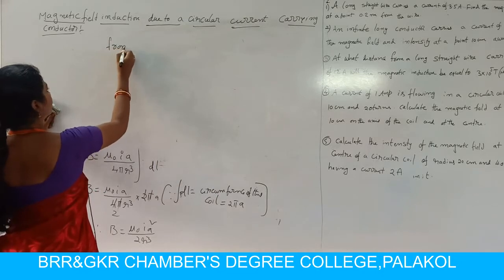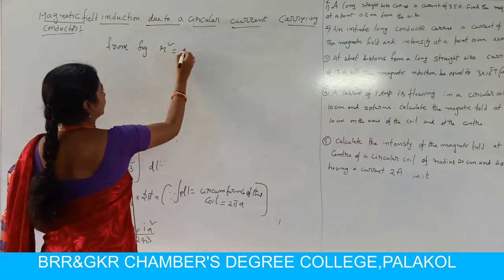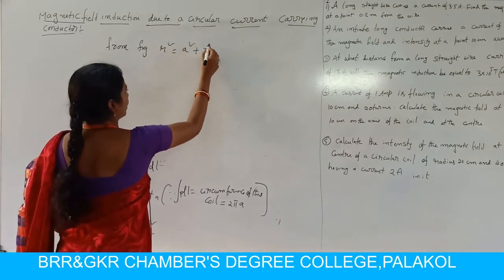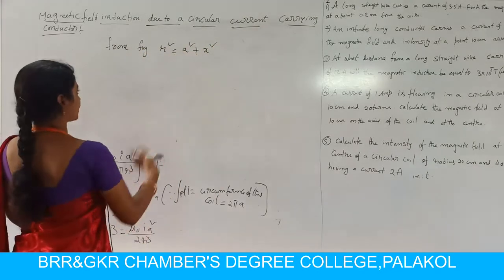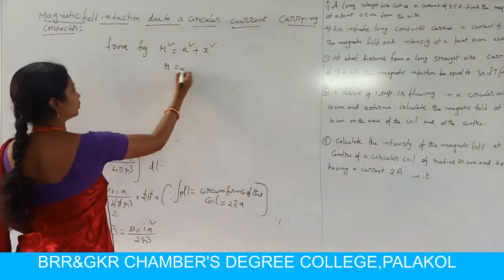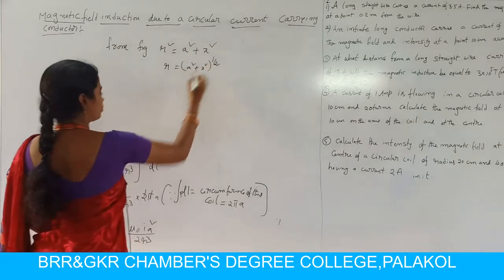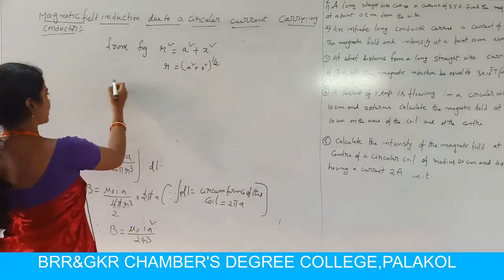From the diagram, R square is equal to A square plus X square. We substitute this R square term here, R equal to A square plus X square whole power half, in the expression.